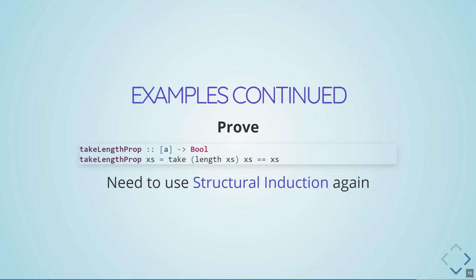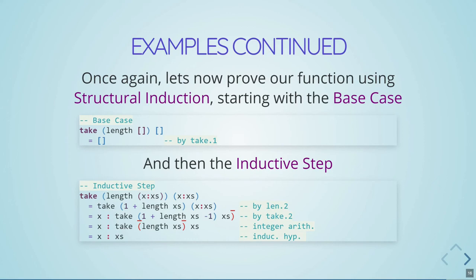So, can we kill two birds with one stone here and try to prove a property about both of these functions? If we take the length of x's from x's, we just get that same x's again. To do this, we're going to need structural induction again. So let's start off with our base case.